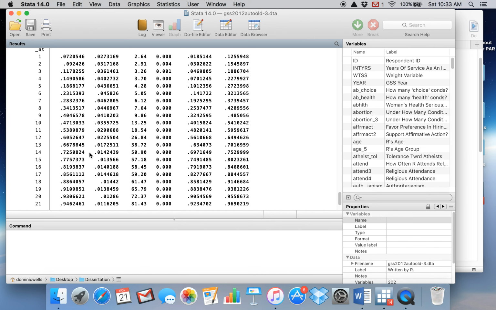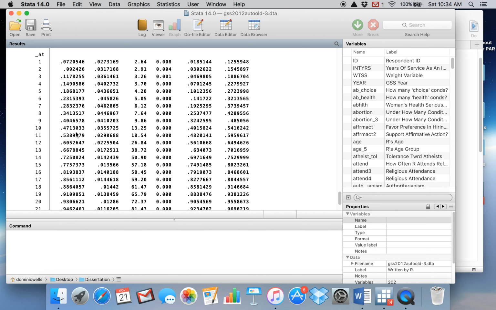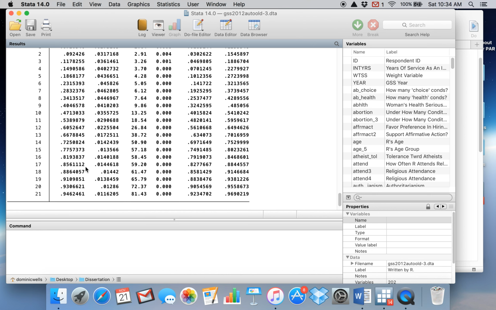So for example, here's a pretty good jump. Somebody with 9 years of education is 40% likely to turn out to vote. 1 year change, 10 years of education, you're 47%. So that's a good 7-point difference. But down here, I'm not 48 years old, but I do have 20 years of education.